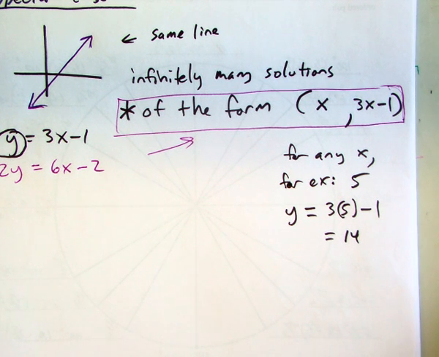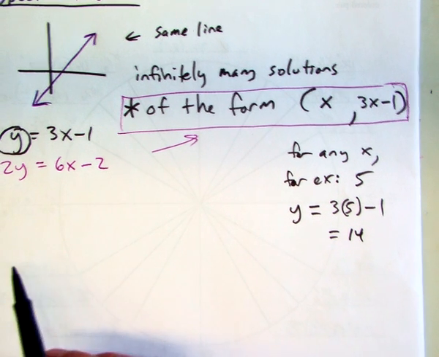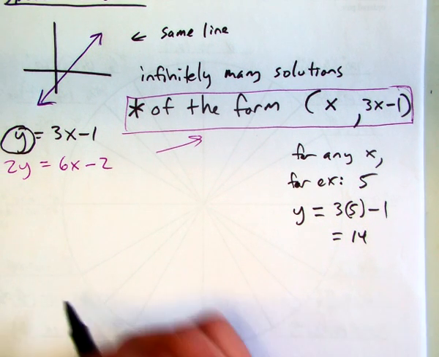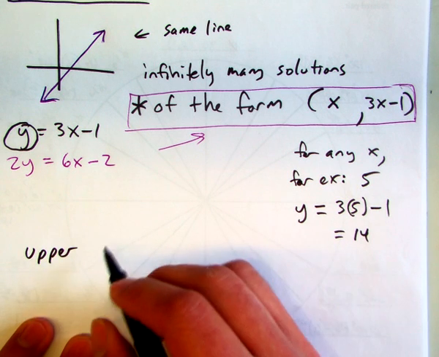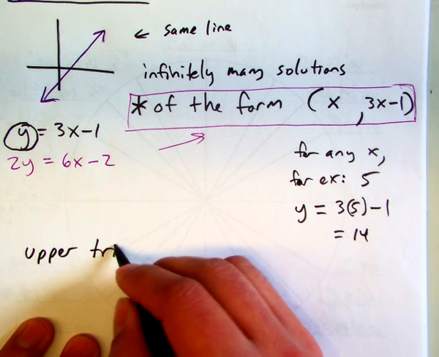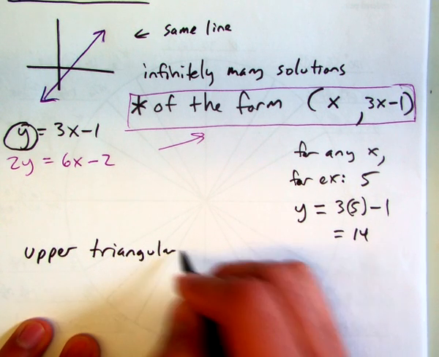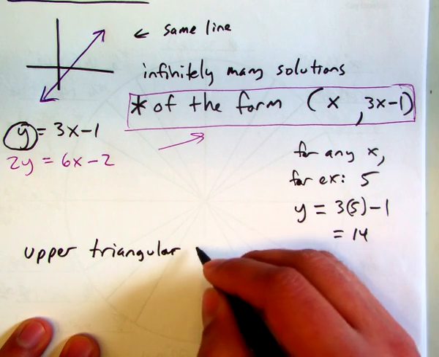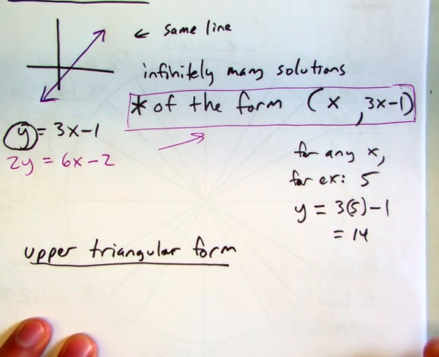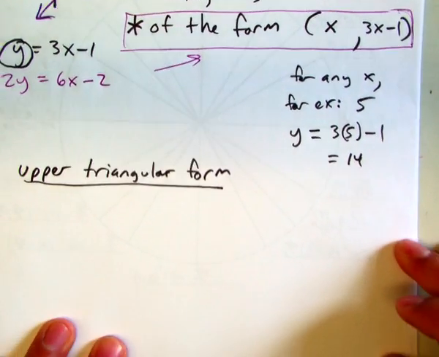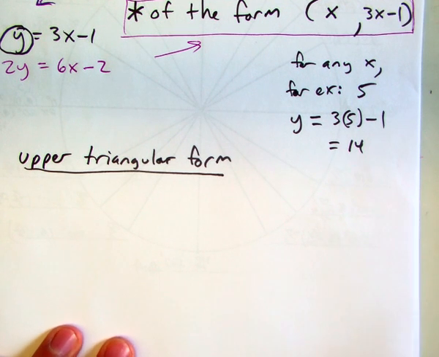All right. So now let's look at something that we call upper triangular form. Not that you really have to know the name of the format, but something that's in upper triangular form looks kind of like this.